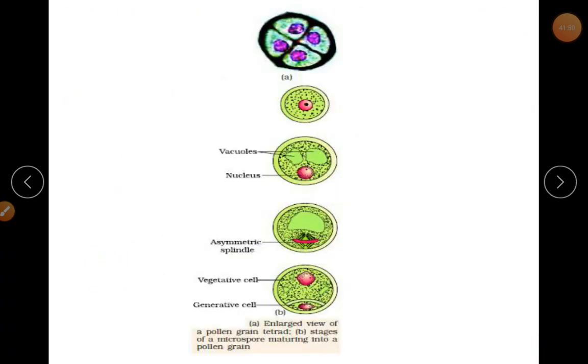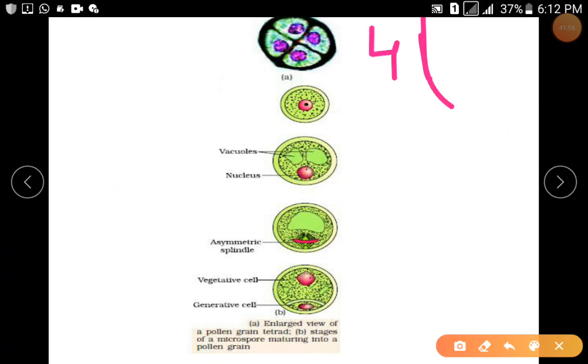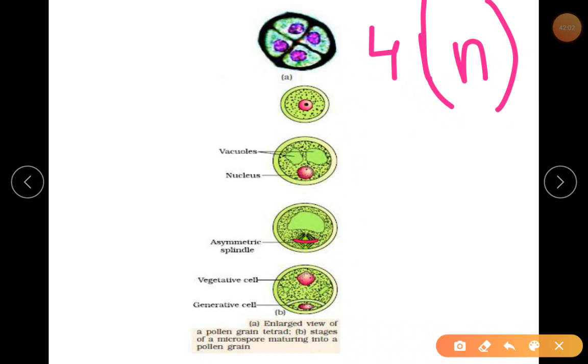Let me show you another picture here. This is from your textbook. How the microspore tetrad, there are 4 haploid. Do not write 4n. Remember, it's always 4 haploid. We show that bracket that way. Do not write 4n. 4n means tetraploid. We don't want tetraploid condition here. We want only diploid and haploid words.